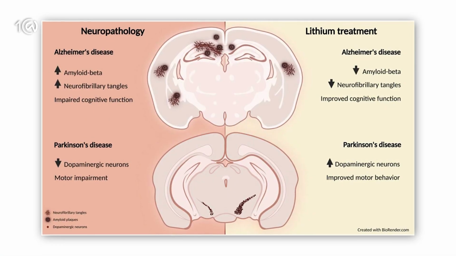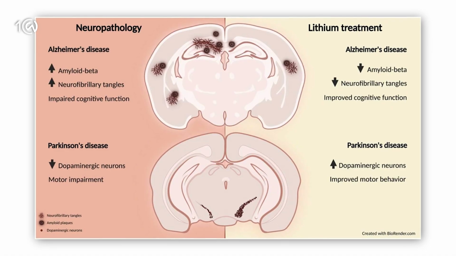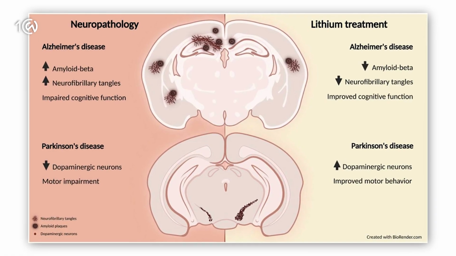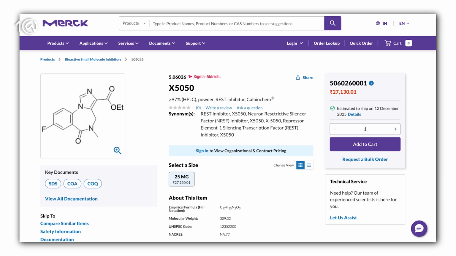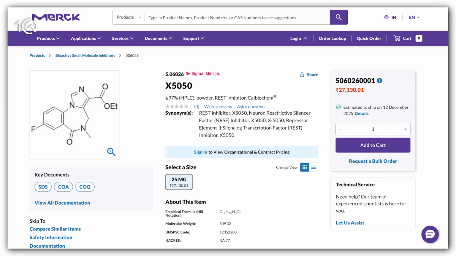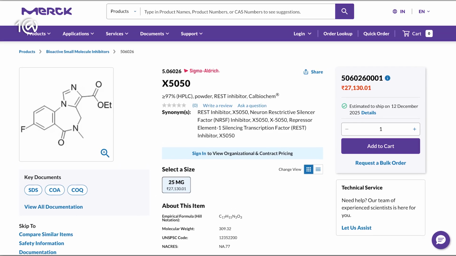Lithium treatments restore REST protein and make the astrocyte non-reactive. But X5050 is the opposite of lithium. So we give the normal cell X5050, so the normal cell behaves like a Down syndrome cell because X5050 basically removes REST from the cell. So it's of opposite action.